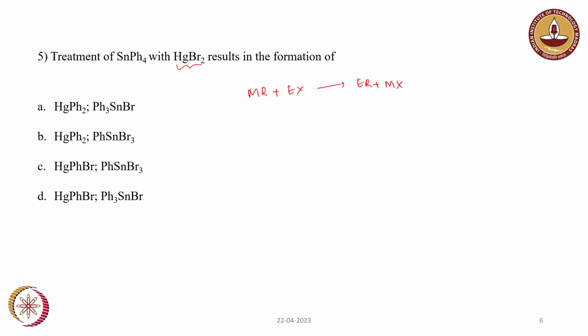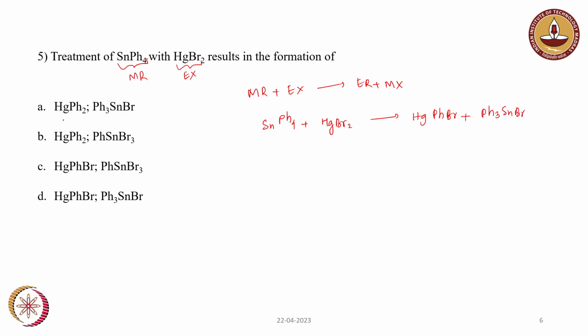So this is the EX and this one is the MR. So the reaction is SnPh4 plus HgBr2 will be giving HgPhBr plus Ph3SnBr.